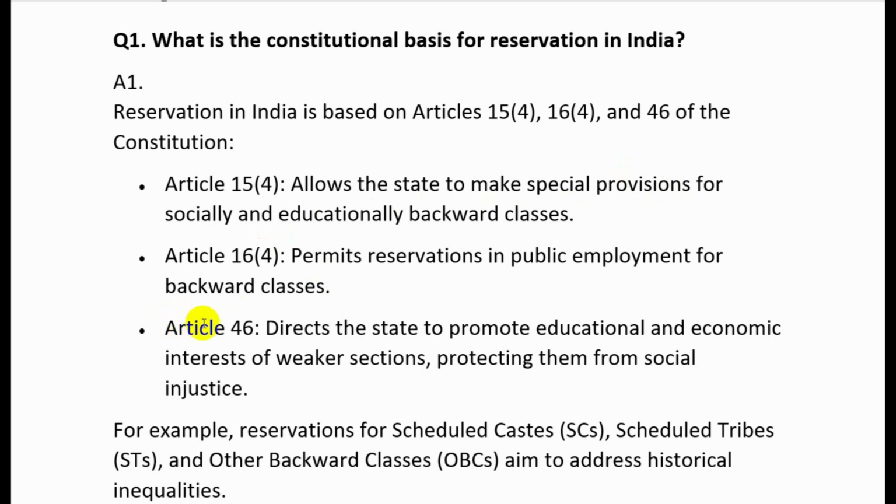Article 46 directs the state to promote educational and economic interests of weaker sections, protecting them from social injustice. Article 46 is also important because this is the DPSP in the Constitution of India, where the state is directed to promote educational and economic interests and protect the economic interests of weaker sections.